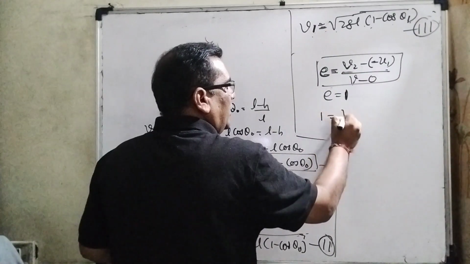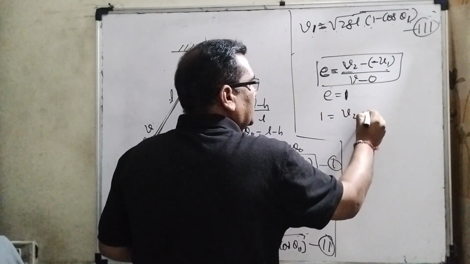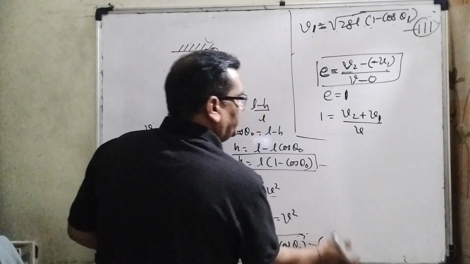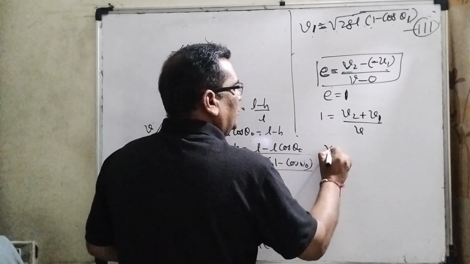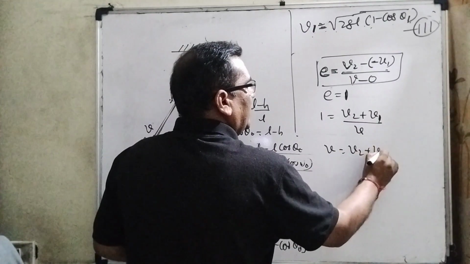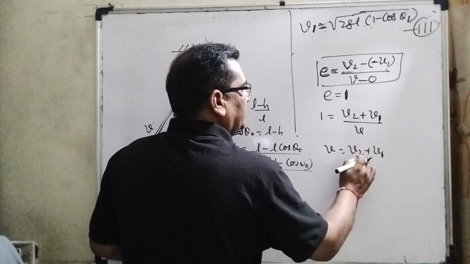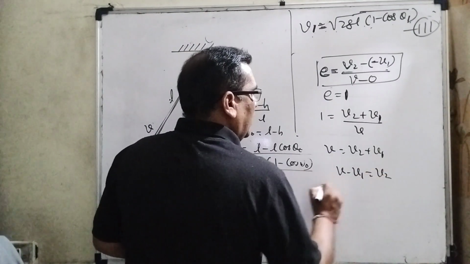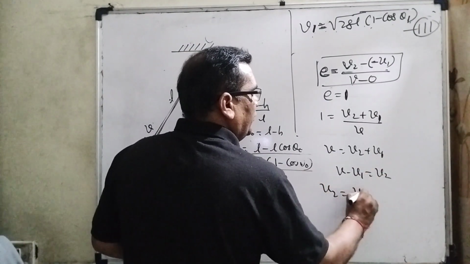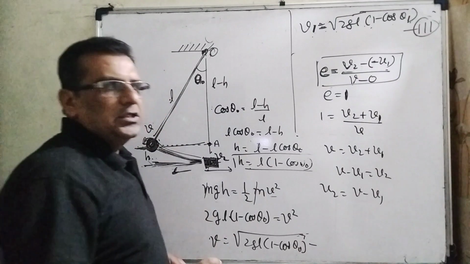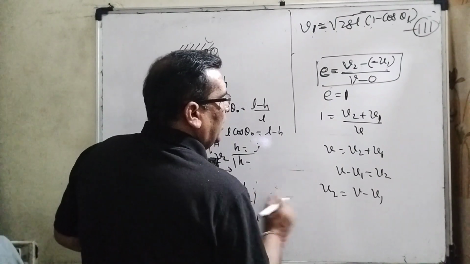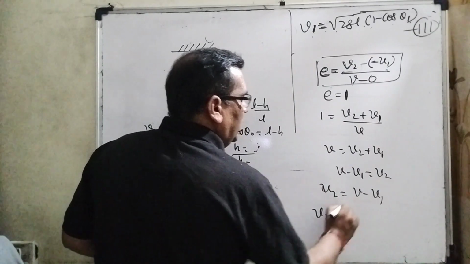So 1 equals v2 minus minus v1, that is v2 plus v1, upon v. Then v equals v2 plus v1, so v minus v1 equals v2, or it can be written as v2 equals v minus v1. Now substitute this value. What is the value of v?